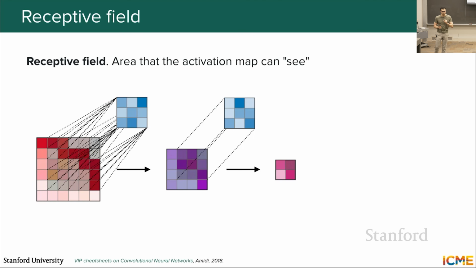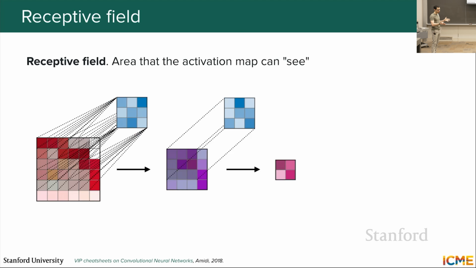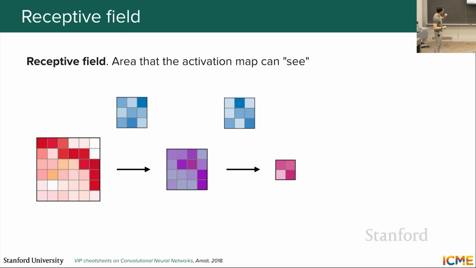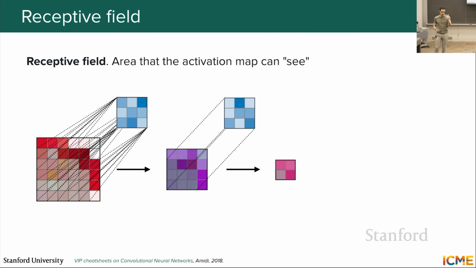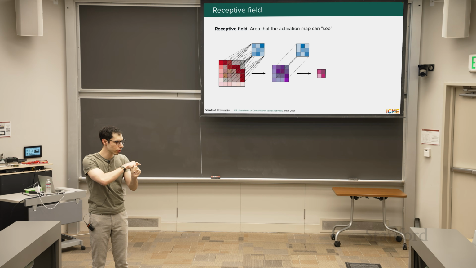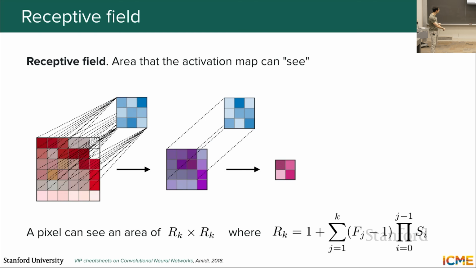So here, let's suppose we have an input that has a series of convolutions. So what we're saying is, if we take just one element from the output, we want to know how many elements from the input it has seen. So this is the receptive field.